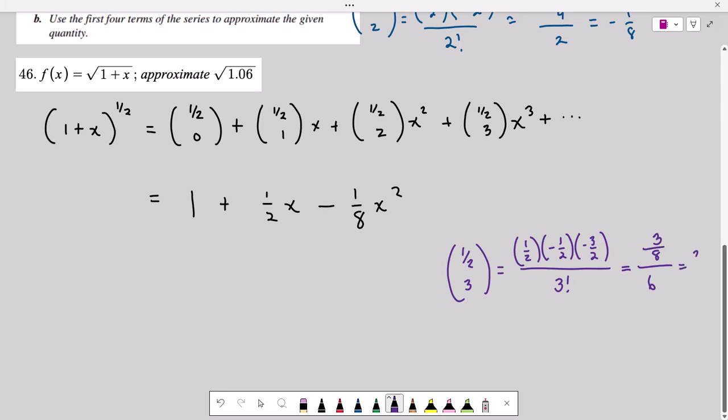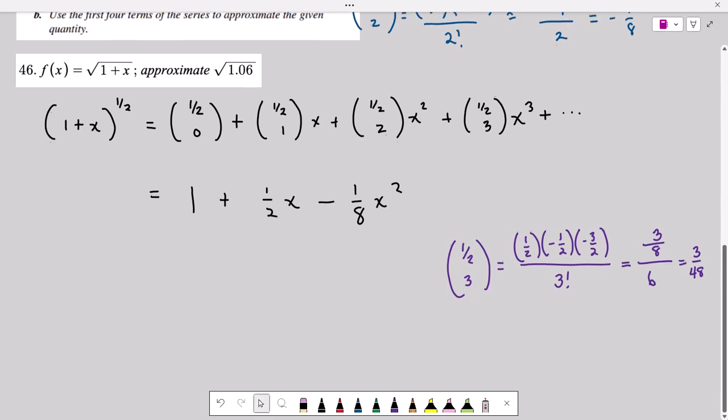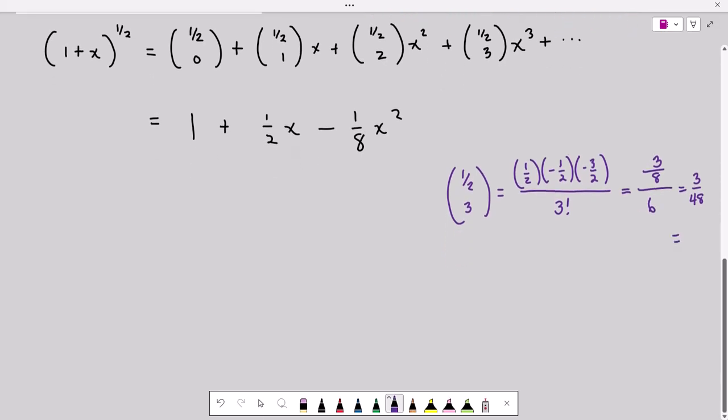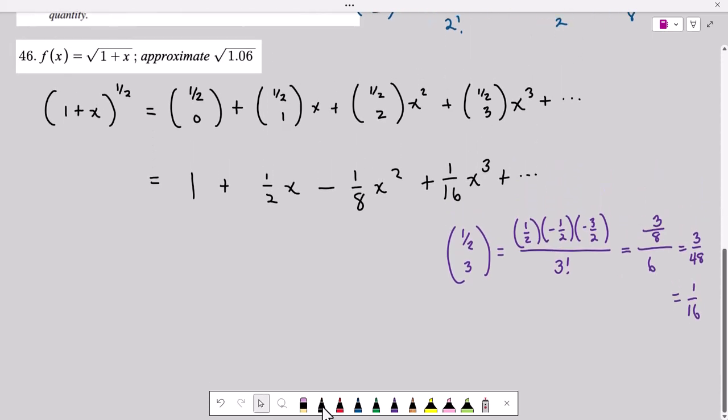So that is 3 divided by 48. Oh, that can be simplified. That's a 16th. So that is going to be this coefficient. So plus 1/16 x cubed plus dot, dot, dot. So there is our infinite series representation of square root 1 plus x.